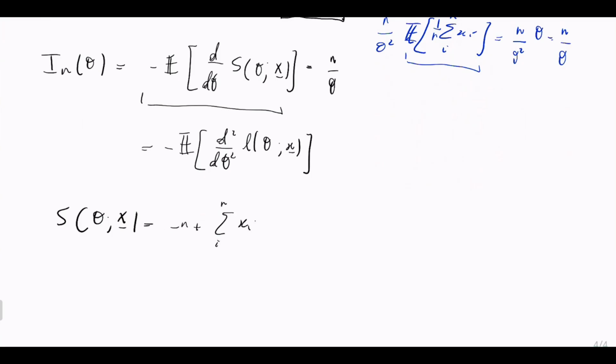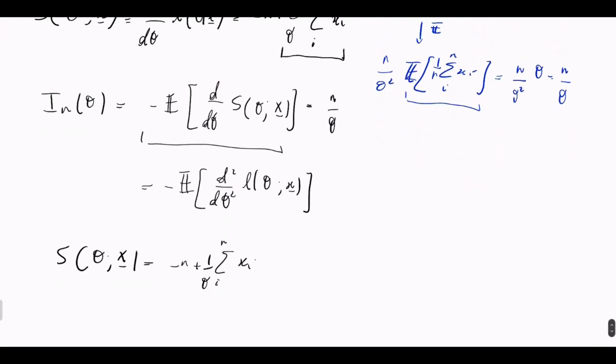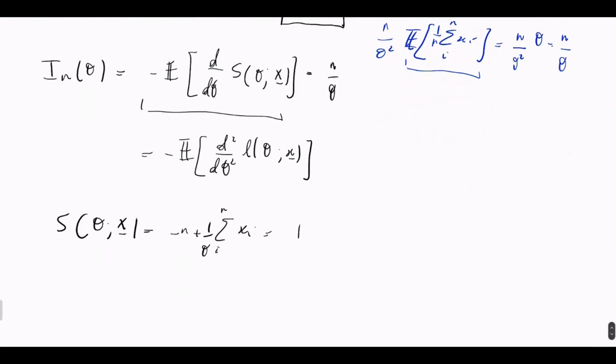We're basically taking 1 over theta, right? If we bring it here, it is equal to what? To Tn minus theta times the information.